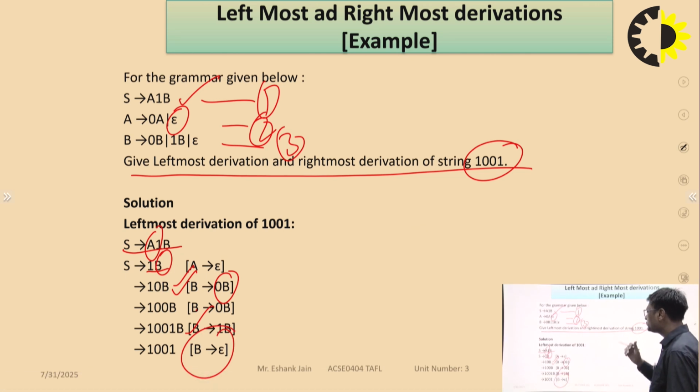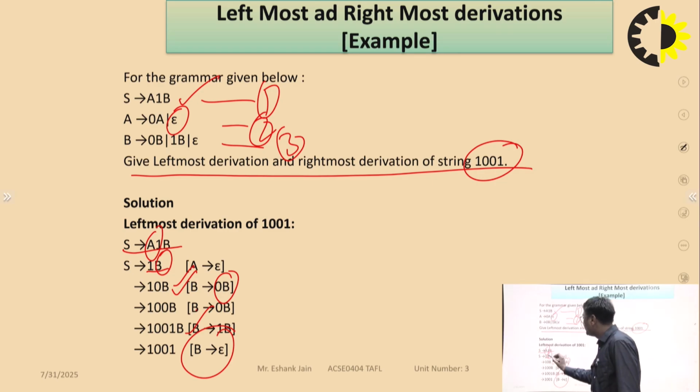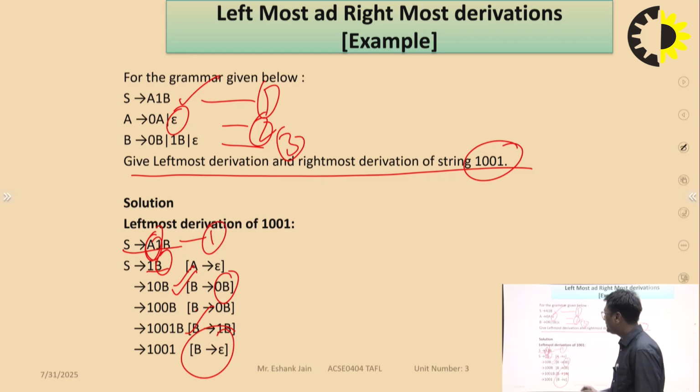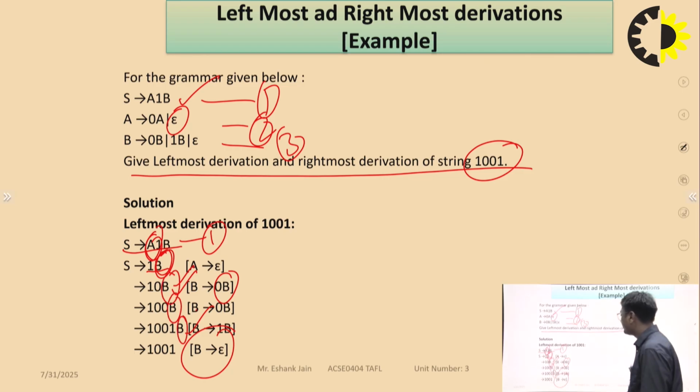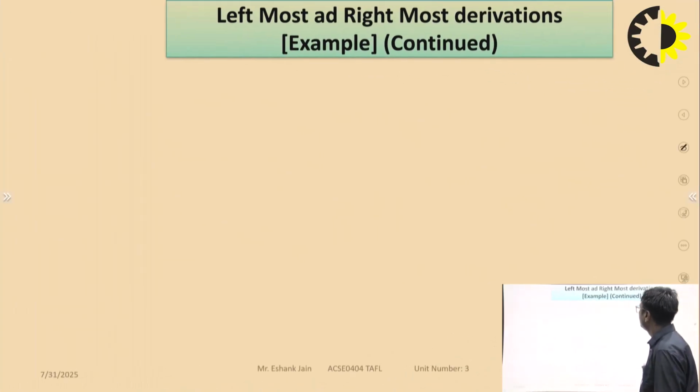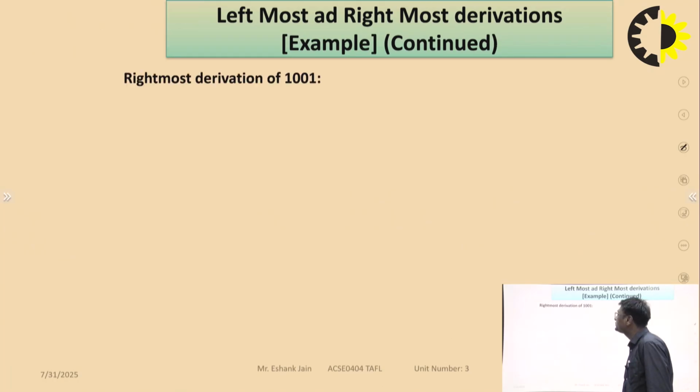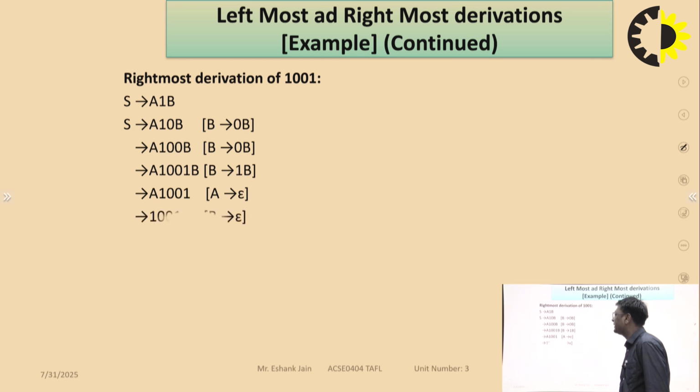This is the leftmost derivation because we can see that at this production A is the leftmost variable, at this production from the left side B is the leftmost, and so on. So we have to convert B into the desired form. Now for the rightmost, same thing but a different approach.